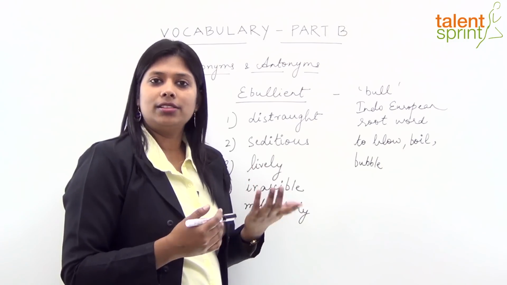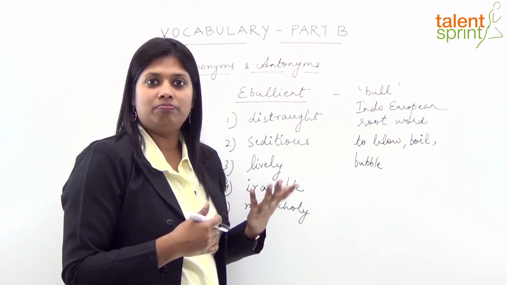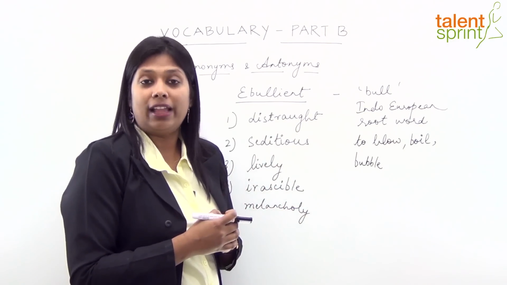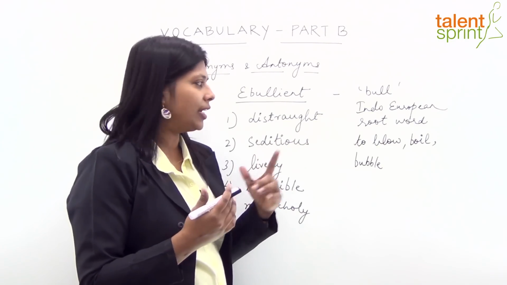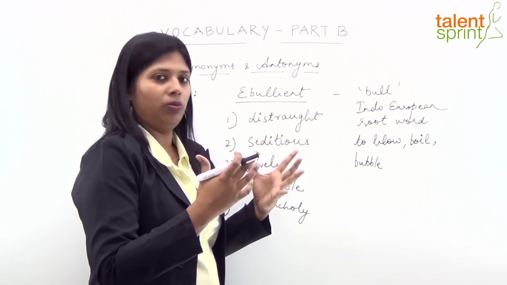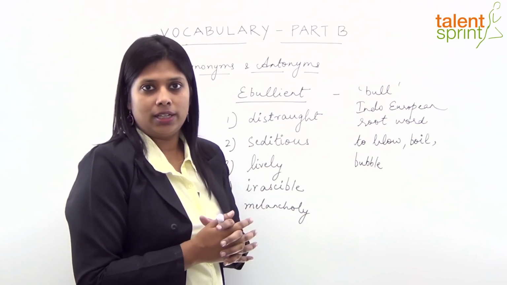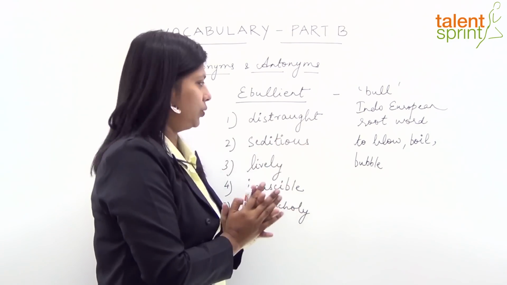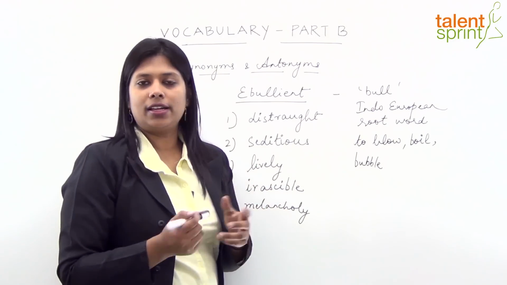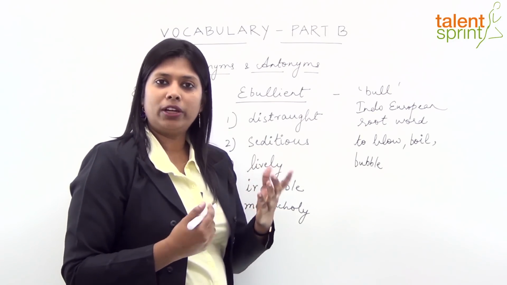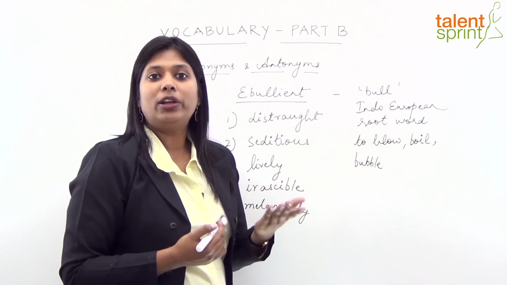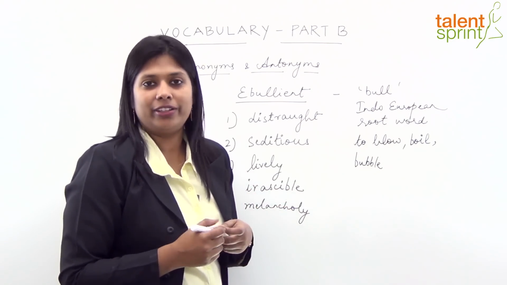Lively again, something that's full of life or bubbling with life. So if you look at the root word bubble or blow, right? So lively conveys a very close meaning to that. Now irascible is again a state of one who can get angry very easily.